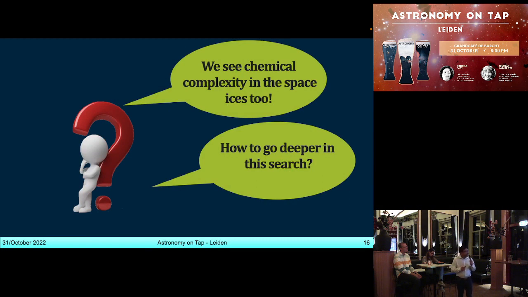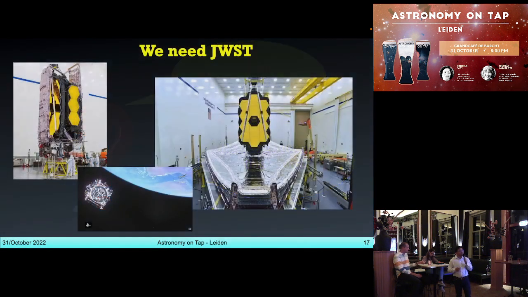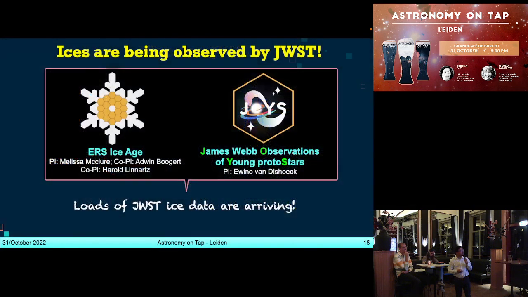So now we see chemical complexity in space as well, but how do we go deeper in this research? Well, then we need the James Webb Space Telescope. The reason is that this large mirror can collect more and more light, so we can go much deeper in sensitivity and detect very small abundances of these molecules in space.